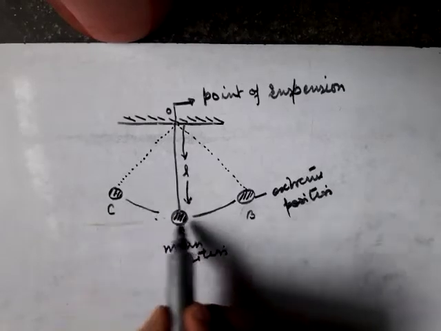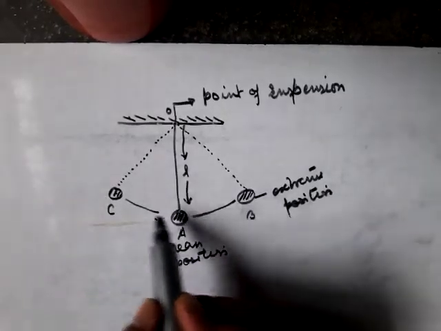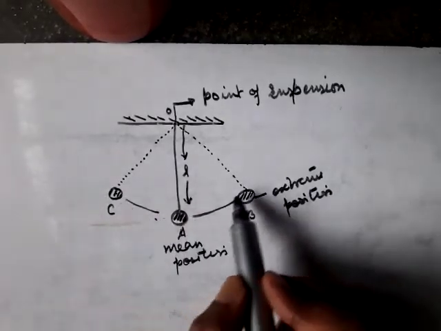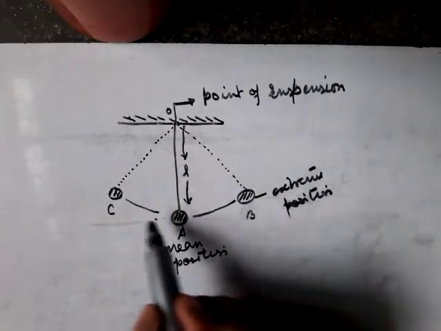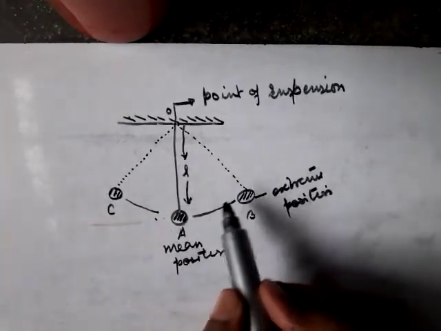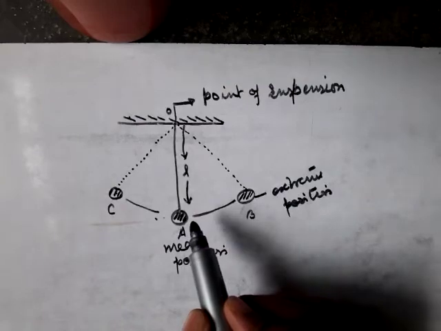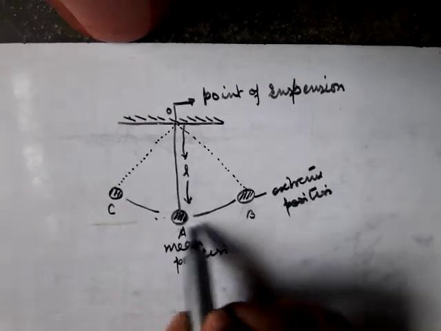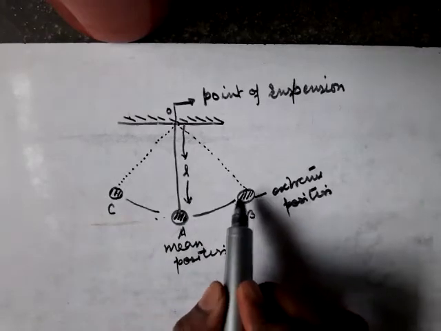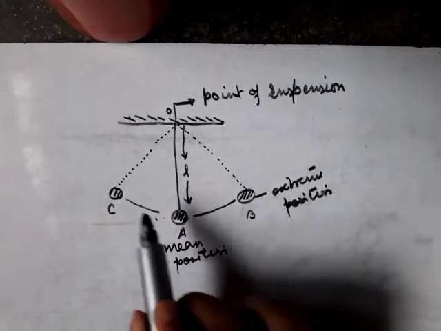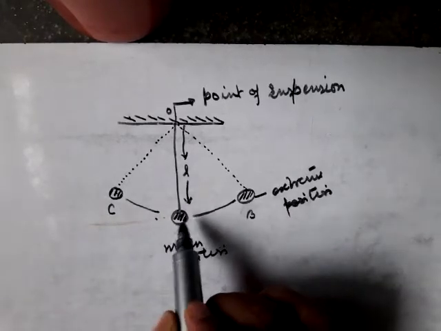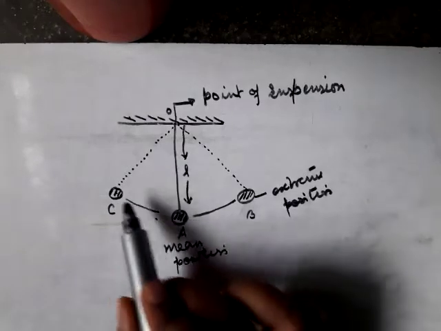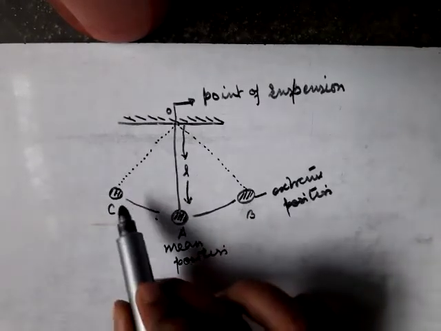In this way it starts swinging to and fro. There are some terms regarding this, when a simple pendulum oscillates from the mean position to the extreme position, and from the extreme position to the mean position, and again to the extreme position.